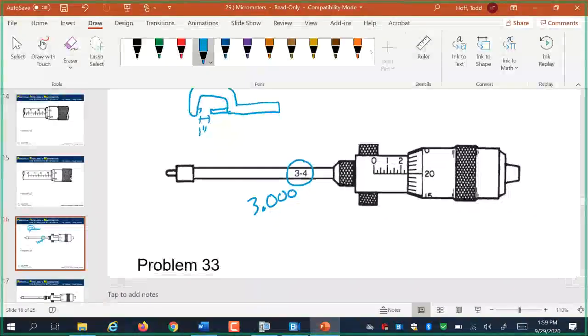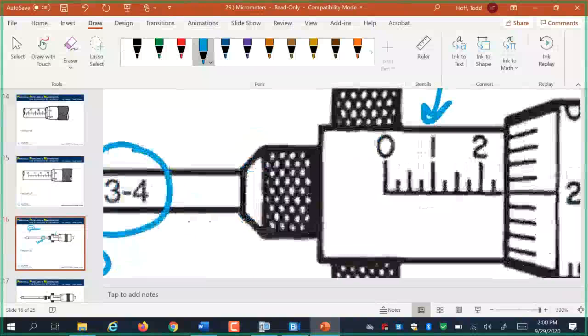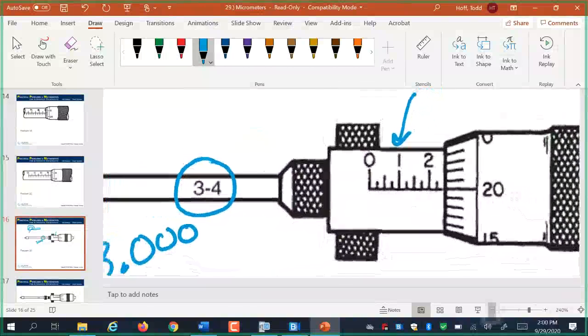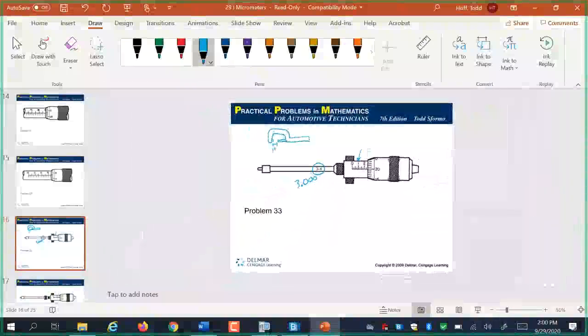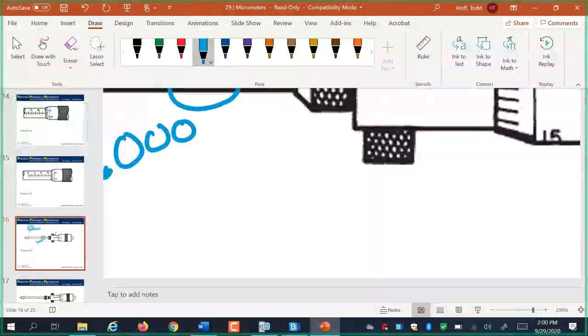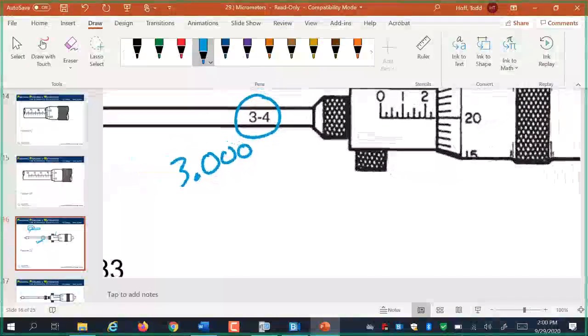What's the barrel read on this one? Not 2.25, but 0.225.